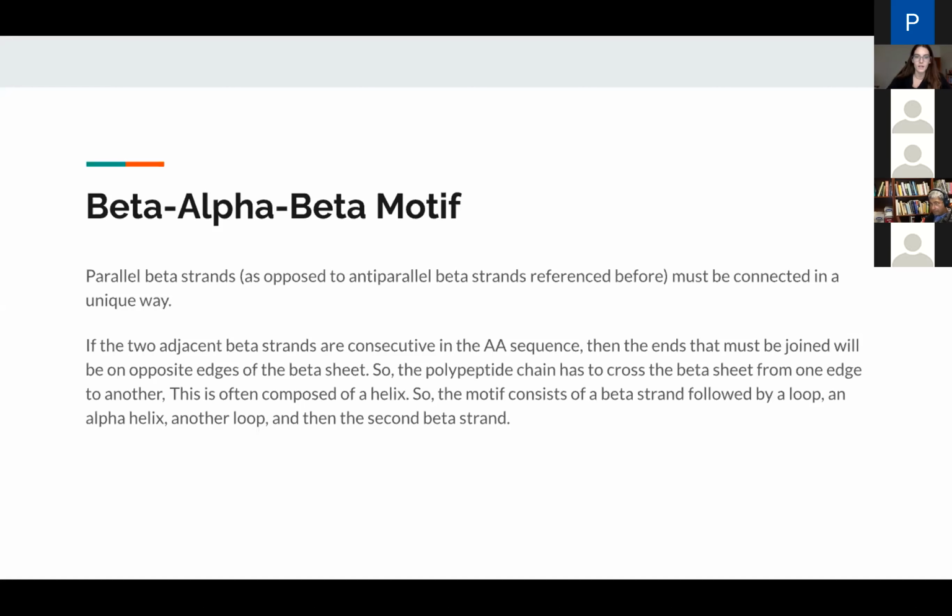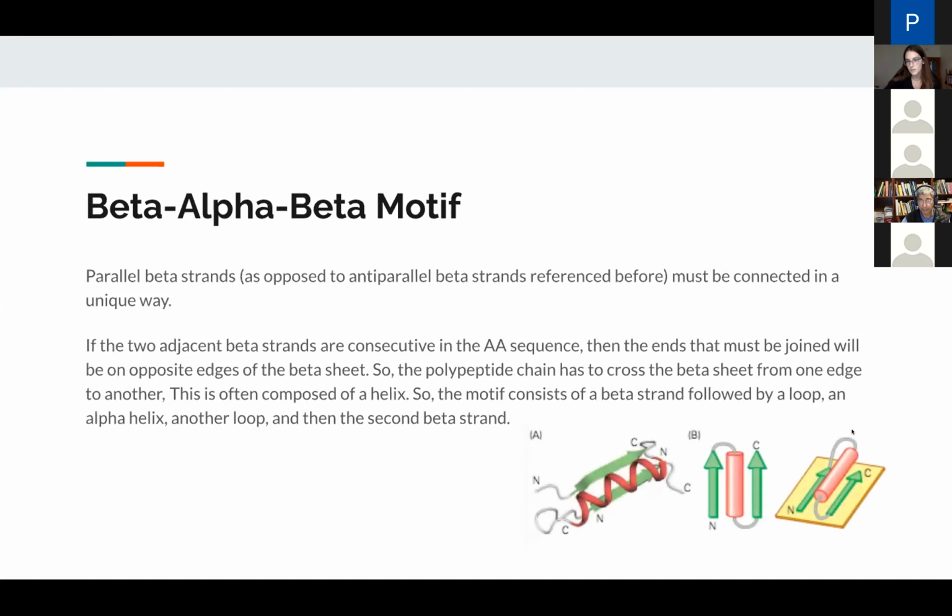This is often done by a helix. So the motif consists of a beta strand followed by a small loop, followed by an alpha helix, followed by another loop, and then the second beta strand. You can kind of see what I mean here. You couldn't just connect this by a loop because it wouldn't be connecting the correct ends. It would be connecting a C to C, and that wouldn't work. So you need to have an alpha helix going down the middle and reconnecting it.